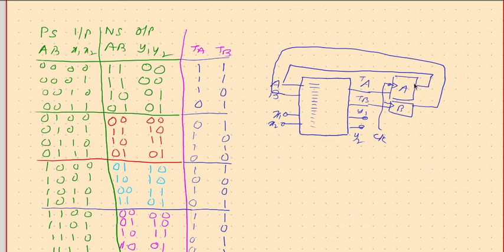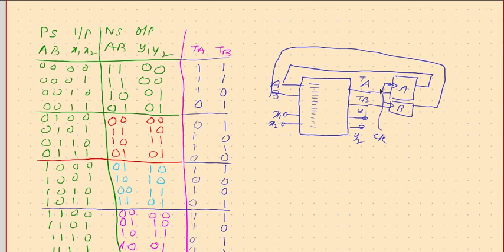So the 1 here will make the next state 1, and this will also make the next state 1. That's what we wanted. So the next state is going to be 1, 1, and next time 1, 1 are given here. Next time we are in the situation where A and B are 1, 1. Now depending on the input, if the input is 0 1, then TA will be 1 and TB will be 0.